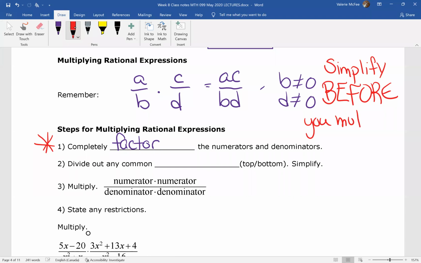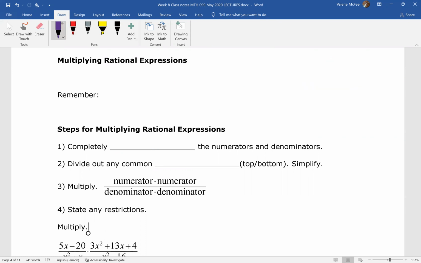And I hope you were practicing that. It's not something I can see when you're answering in Pearson. I can't check to see if you simplified first, but it was a habit I wanted you to create when working with fractions, because now it becomes especially important. If you don't simplify first, you're going to create a mess that's difficult to get out of.